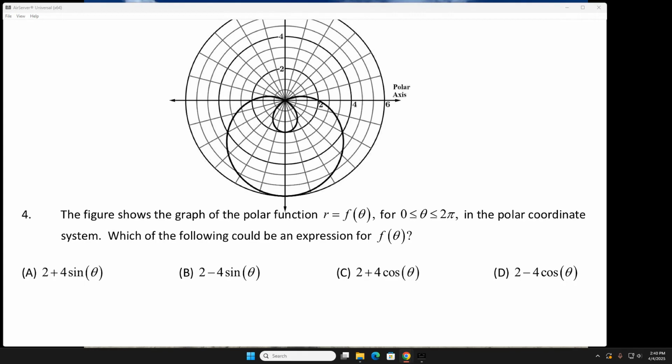All of these would have an inner loop because the absolute value of A is less than the absolute value of B, so that's good. This one is vertically arranged, so it's definitely going to be a sine. So we can mark out C and we can mark out D. Then because this one is longer on the negative side of the vertical, there's going to be a minus sign in between.